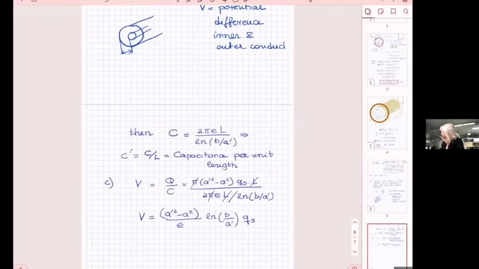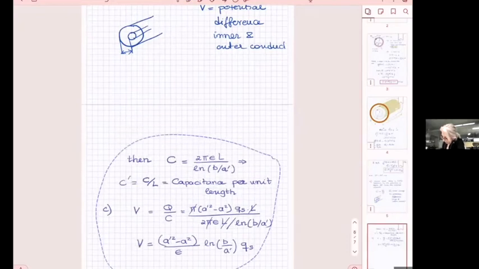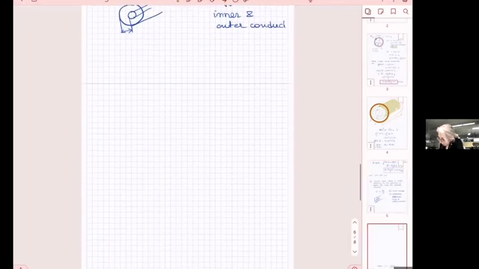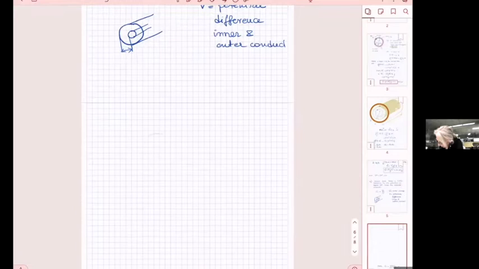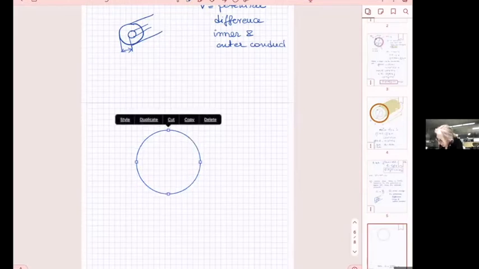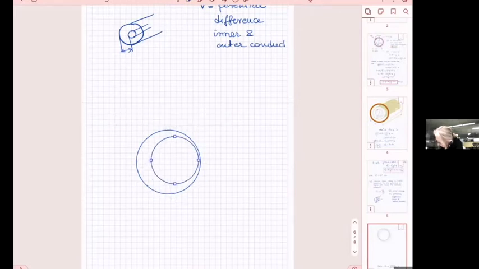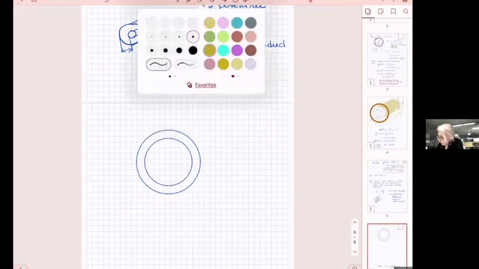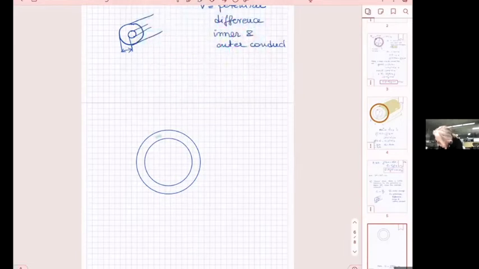Now let's go to our problem. How many conductors do we have here? Let me do the cross section again. We have an inside conductor which had also a charge distributed throughout. So let's say the inner conductor was like that, and the charge was distributed here.